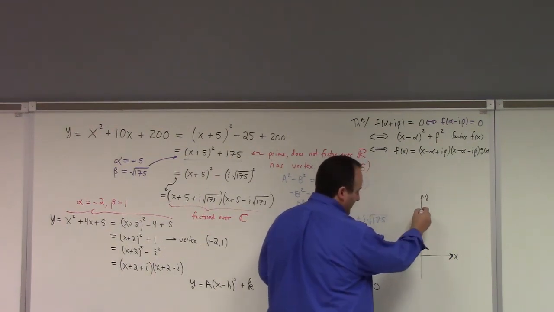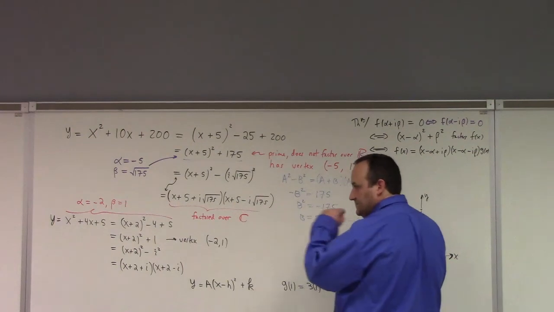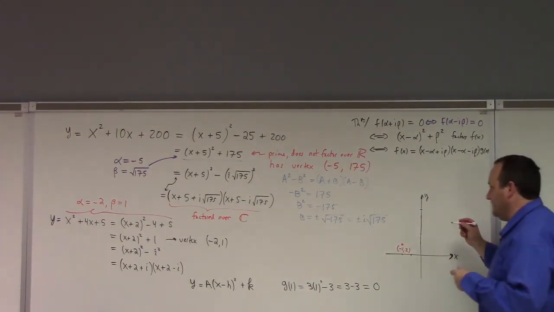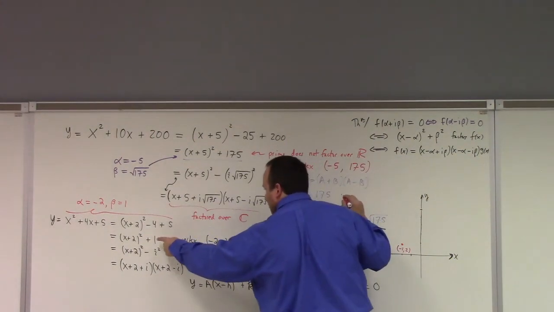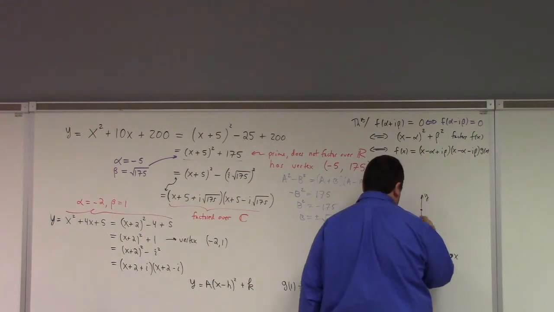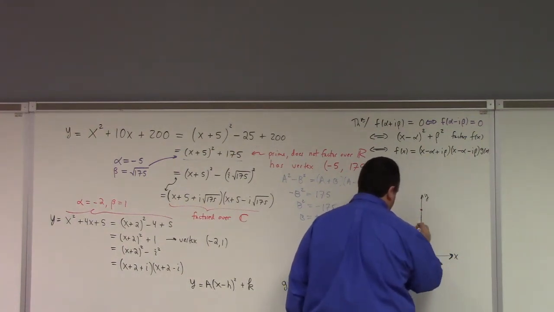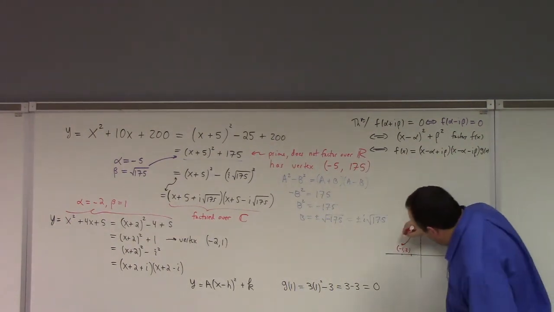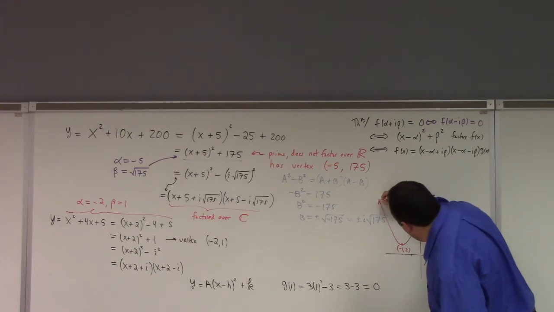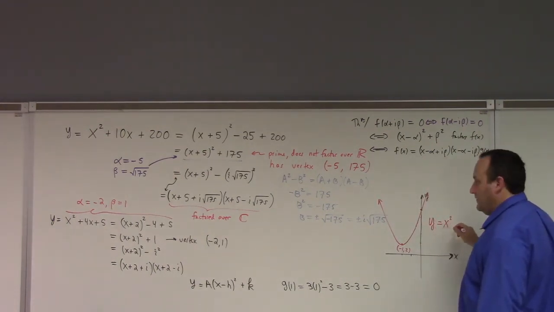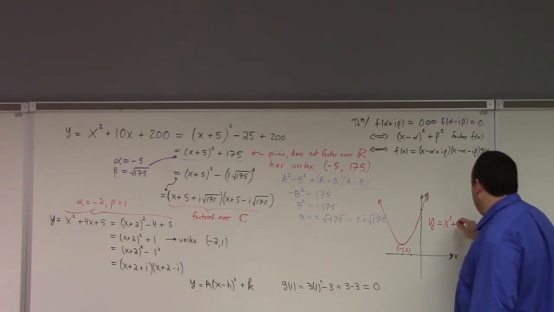What's the y-intercept of this one? 5. See that from the original formula, plug in 0, you get 5. So we've got something like this, and then you can just mirror that on the other side of the vertex. Roughly speaking, there you go. y equals x squared plus 4x plus 5.